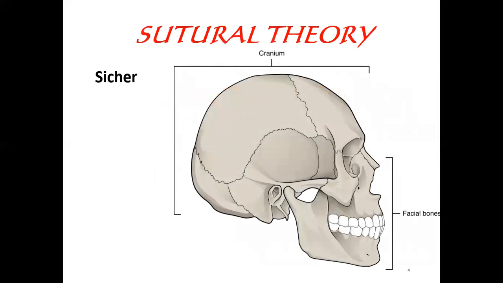The second theory is sutural theory, which was introduced by Fisher. According to this theory, sutures are the growth sites in the cranium or in the facial region. All the sutural areas are the main areas where the growth takes place.